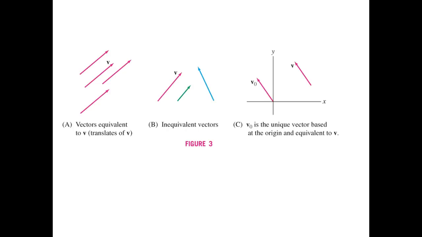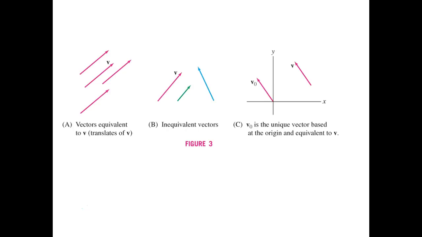How about V and V0? They look like they're equivalent, with V0 being, yeah, it's called the position vector for V, or the standard position of V. It's an equivalent vector whose initial point is the origin.